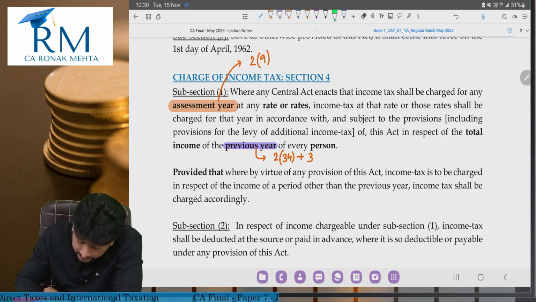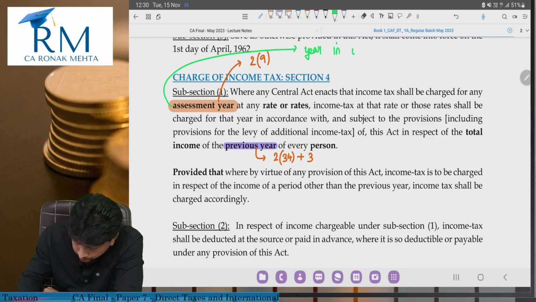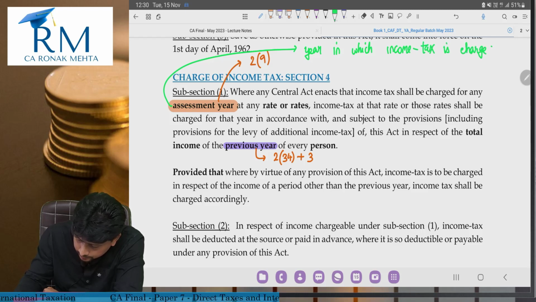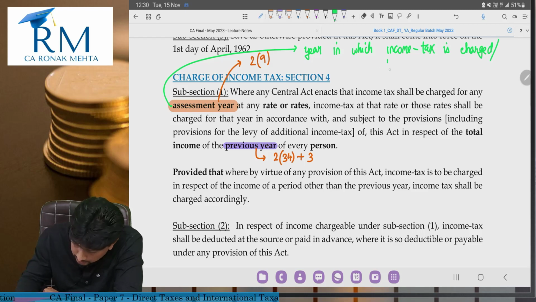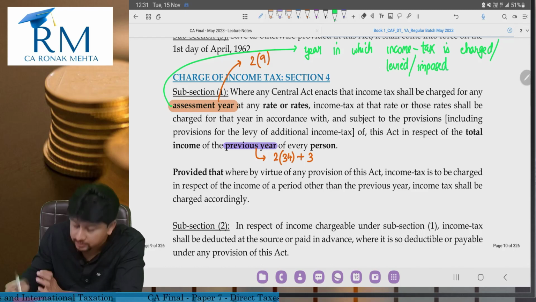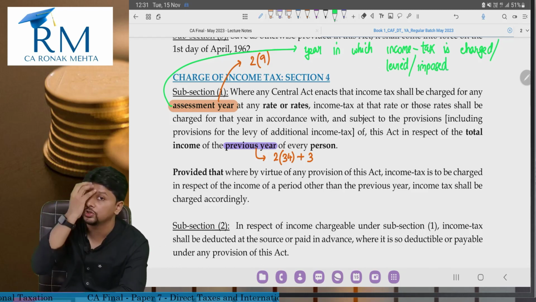So assessment year is the year in which income tax is charged, meaning the year in which income tax is levied, the year in which income tax is imposed. That is why this section says section 4, charge of income tax.